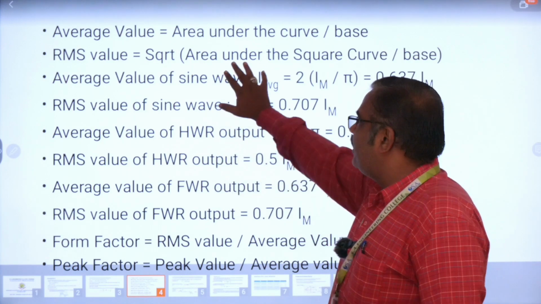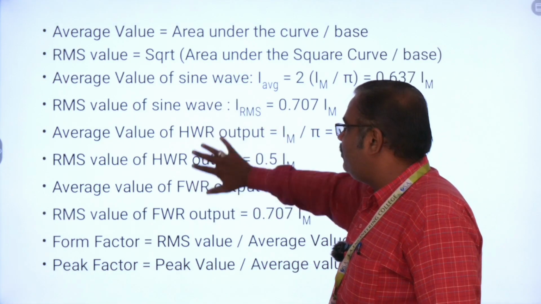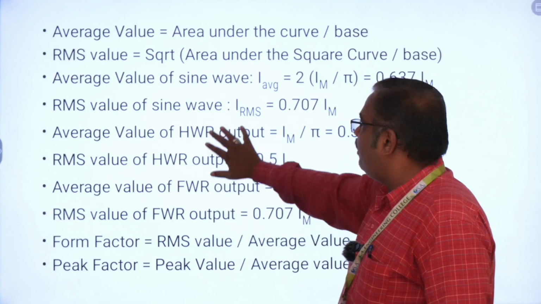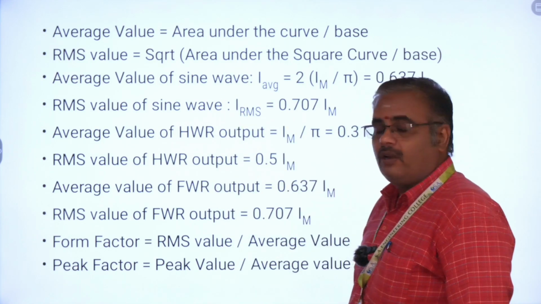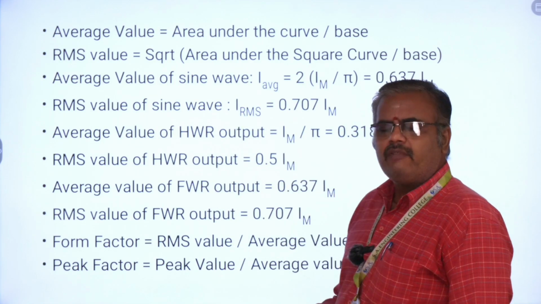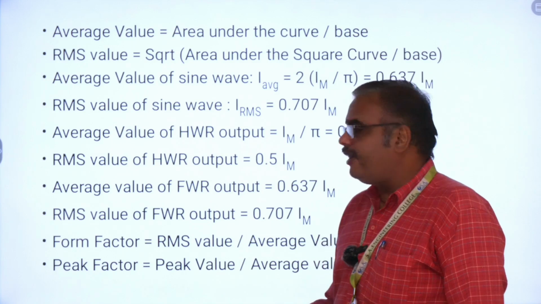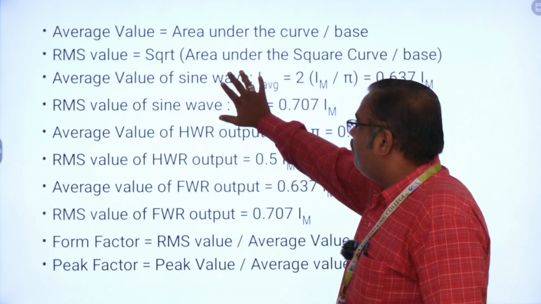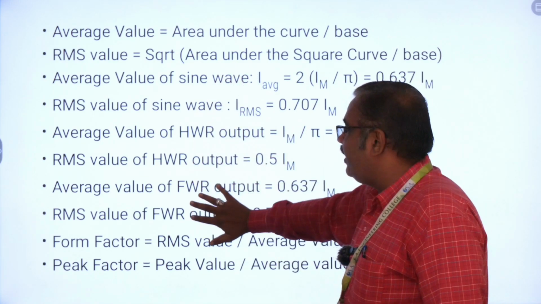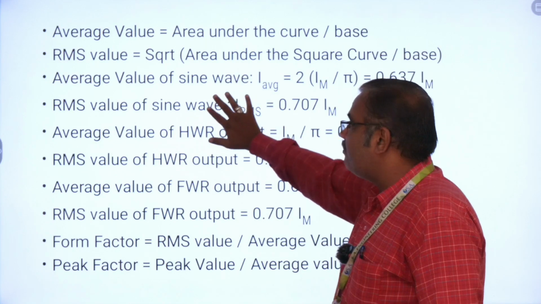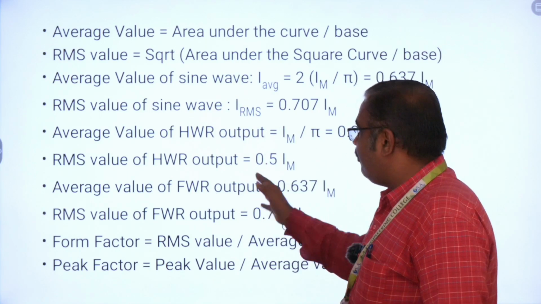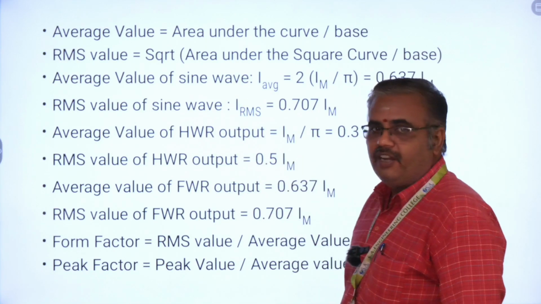When we see these three cases, the pure sinusoidal wave, half wave rectified and full wave rectified output, for the pure sine wave and full wave rectified output the average value and RMS value remain the same, but for half wave rectified the values are different.